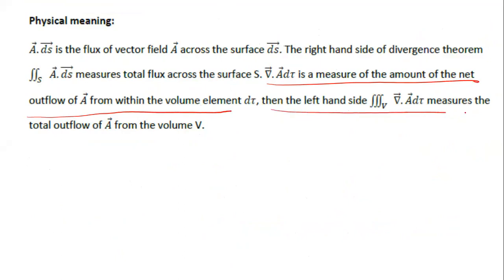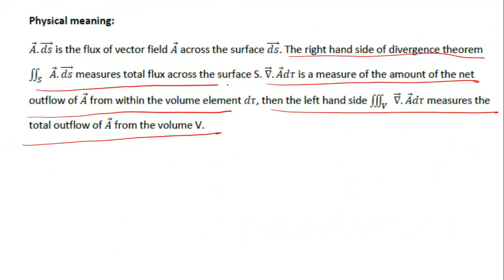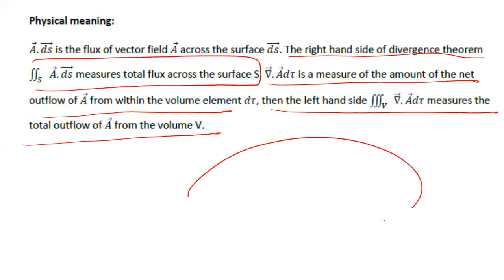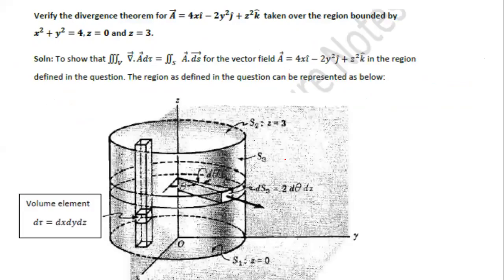The left hand side measures the total outflow or inflow of the vector field, while the right hand side of the divergence theorem measures the total flux across the surface S. So for any irregular closed surface, it simply says that whatever outflow or inflow of the vector field you have from a certain volume will be the same as the total amount of the vector field crossing the surface. Okay, so that's what it is.